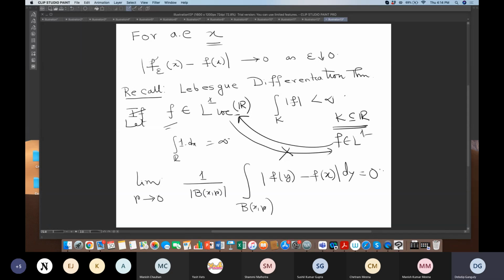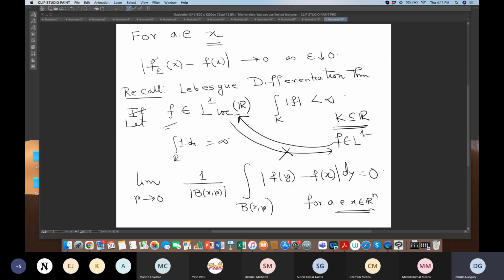You fix some point x, and you take the difference f(y) minus f(x), where y is inside the ball of radius r around x. If you take the integral dy and divide by the measure of B(x,r), this should go to 0. Now the point is, for which x will this go to 0? For almost every x in R^n, in fact. Is that clear, the statement?